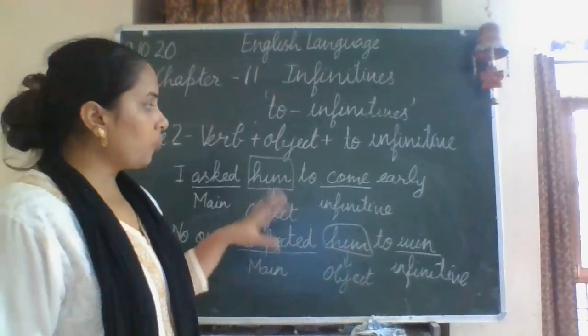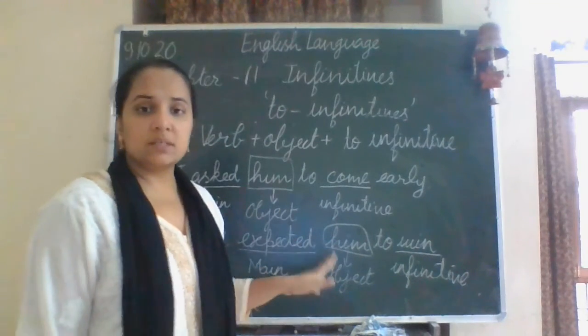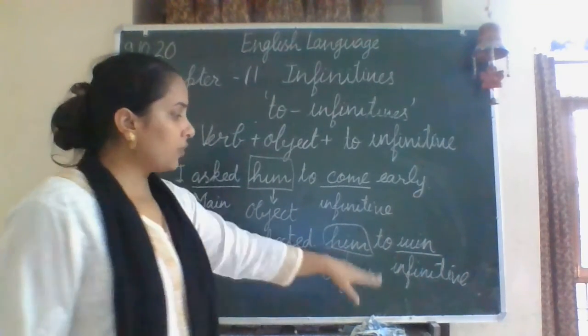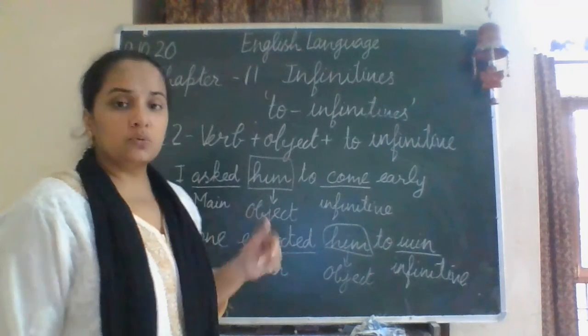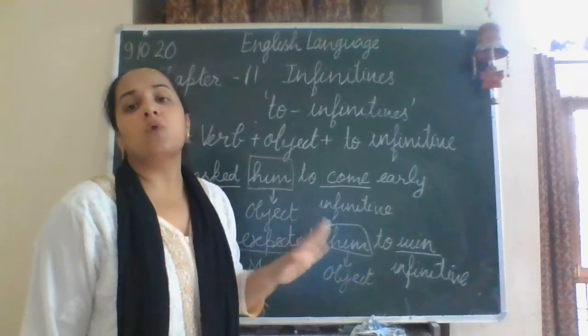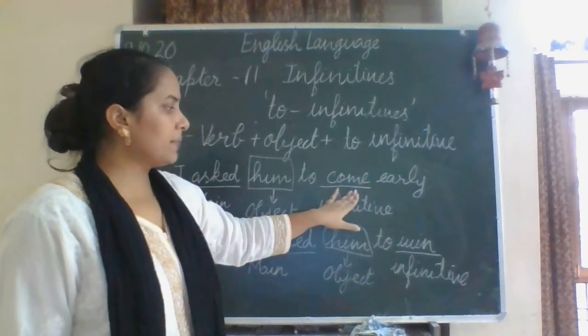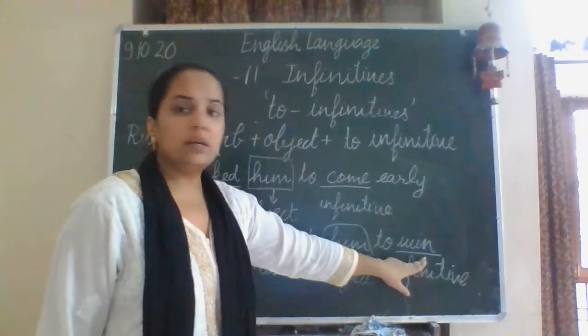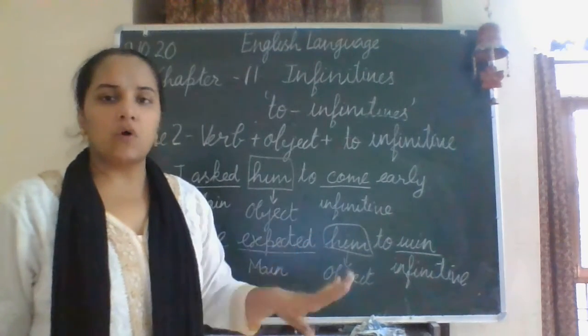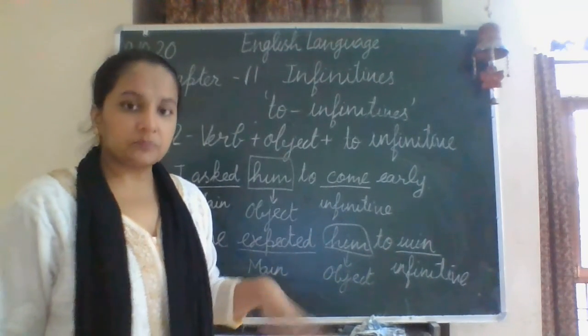And you can see in all the examples we have discussed so far that for the infinitive we are using the base form of the verb only. Here also come is the base form of the verb and win is also the base form of the verb.